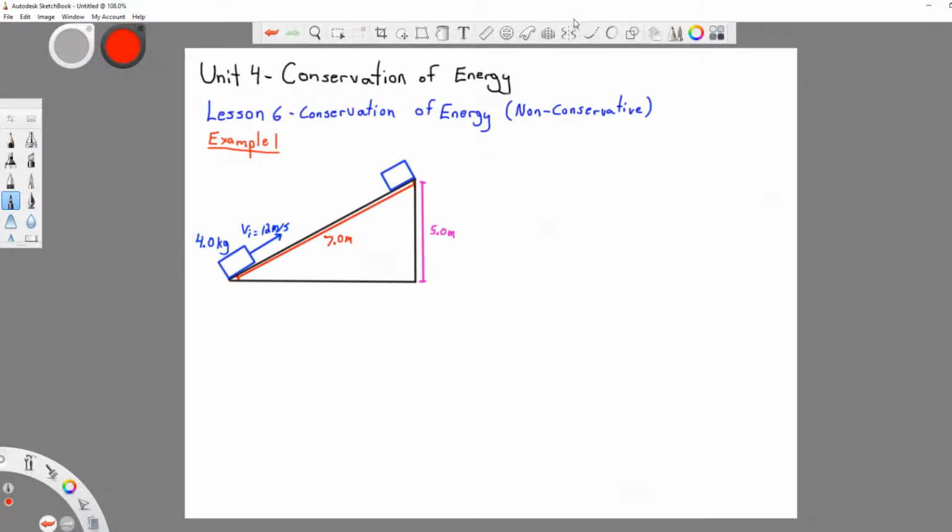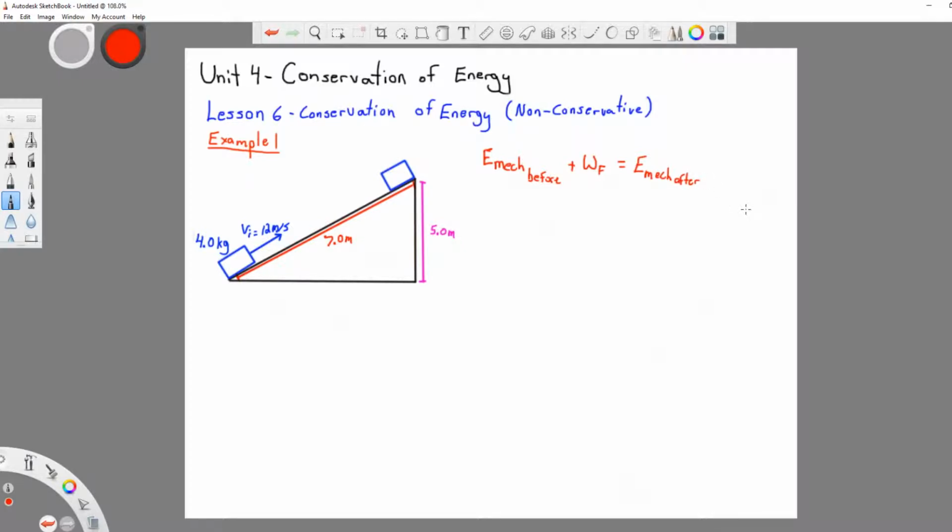So let me grab my marker here and say that our new formula is going to be energy mechanical before plus some work function. So this is going to be work done by some force. This F is not for friction, this is for a force, is equal to energy mechanical after.